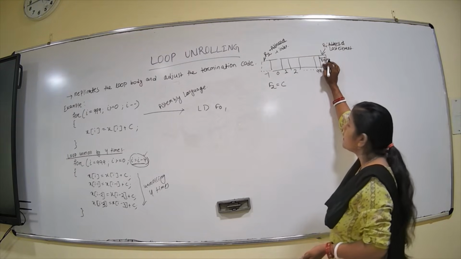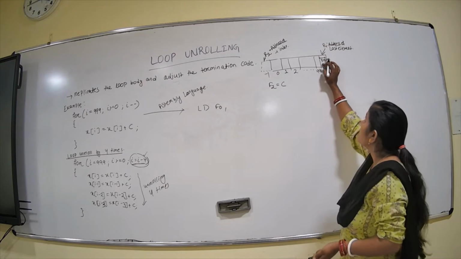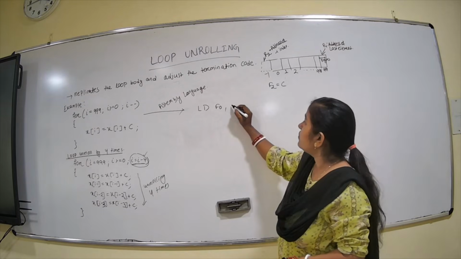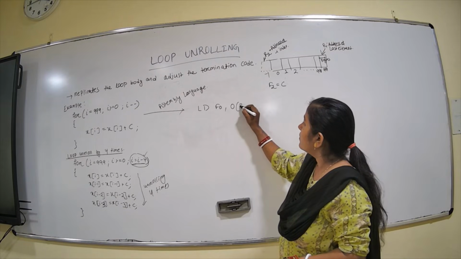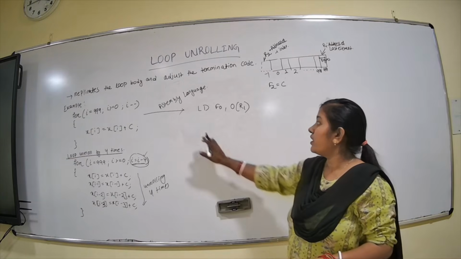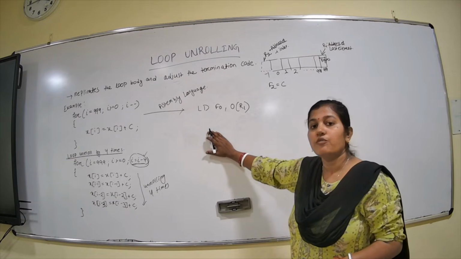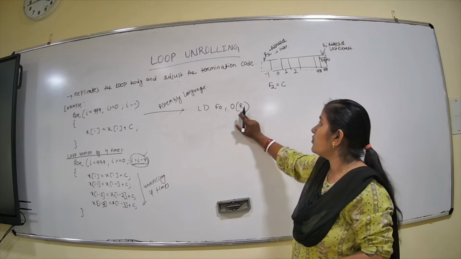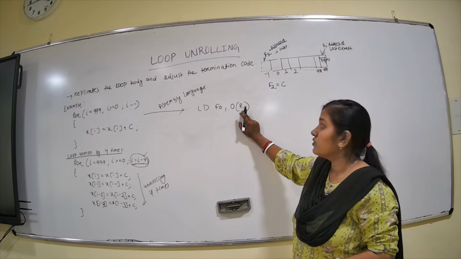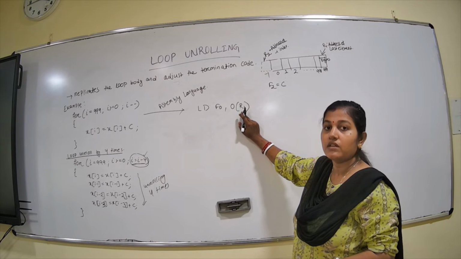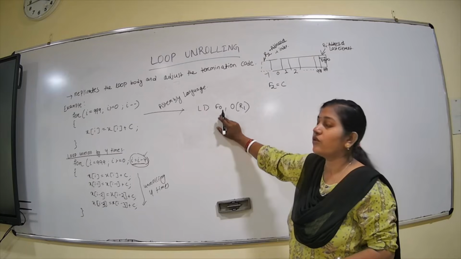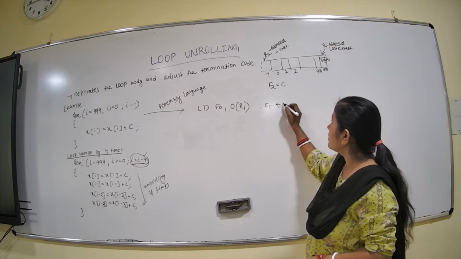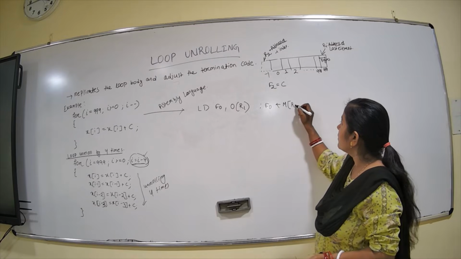I will access this element by accessing R1. So LD means load double. We are accessing a memory location, and that memory location is present in R1. Whatever is present in that memory location will be loaded into F0. That means F0 contains Memory[R1 + 0].